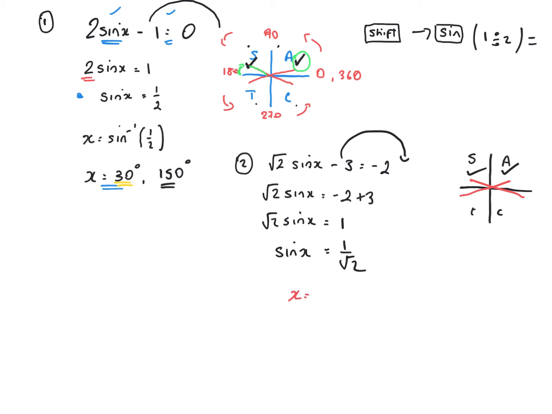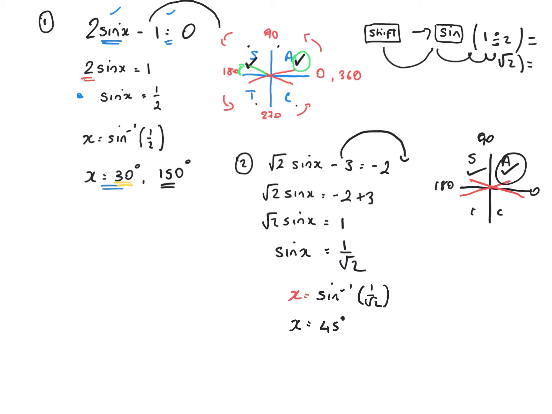This time on the calculator, we're putting in x equals sine inverse 1 over root 2, so again it would be shift and then sine, open up a bracket if it doesn't already open one, 1 divided by, and then you want to be hitting root 2, close the bracket and hit equals. At that point you should get an answer of 45 degrees, and that is your all quadrant result. Okay, so that's the first result.